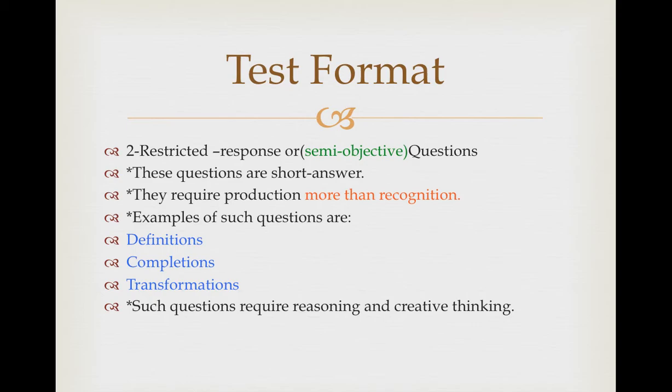This is the maximum. Here, the student produces a material, writes down a material. So it is not only recognition. Students recognize the answer, they understand the question, but they should produce a material.